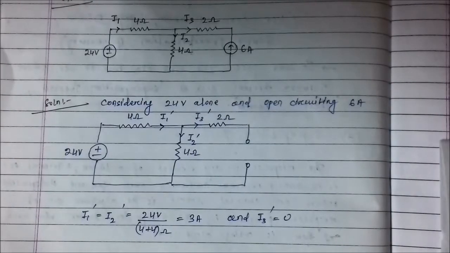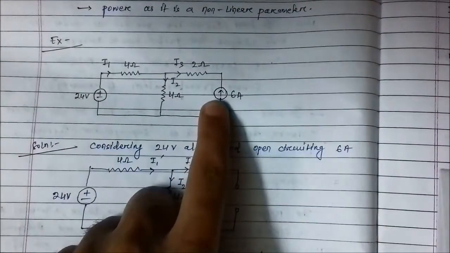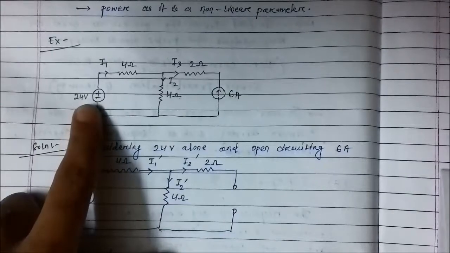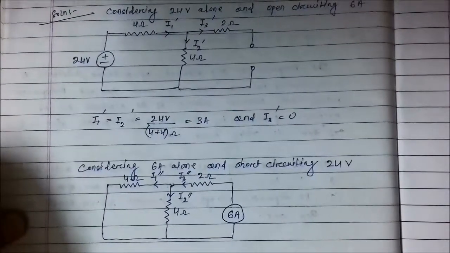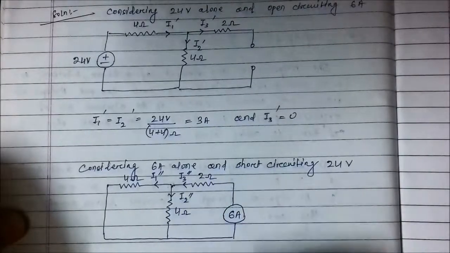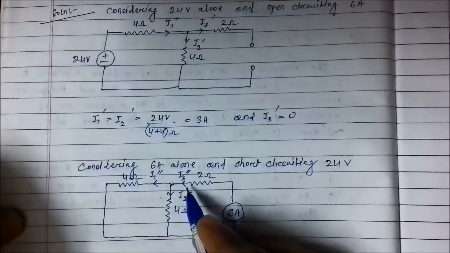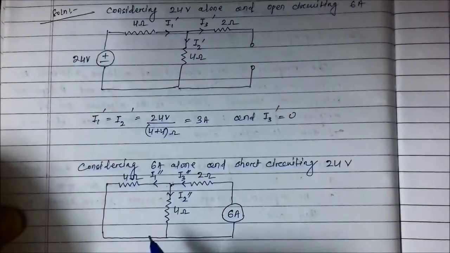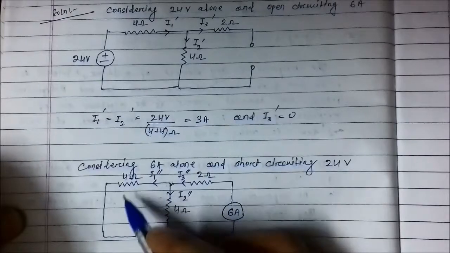Now when we consider only the 6 ampere current source and short circuit the 24 volt source, or deactivate it, we have to apply the current division rule. So first, in order to implement the current division rule, we have to determine this I3 double dash current. First determine the equivalent impedance across these points.